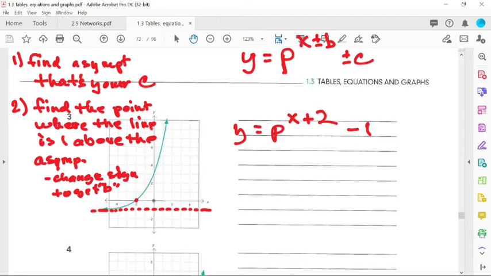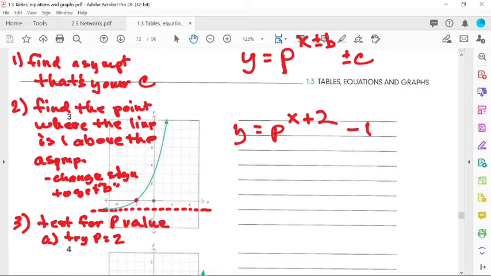Okay? Now, 3. Test for your p-value. All right? I did end up rewriting their notes. First, okay, try p equals 2.